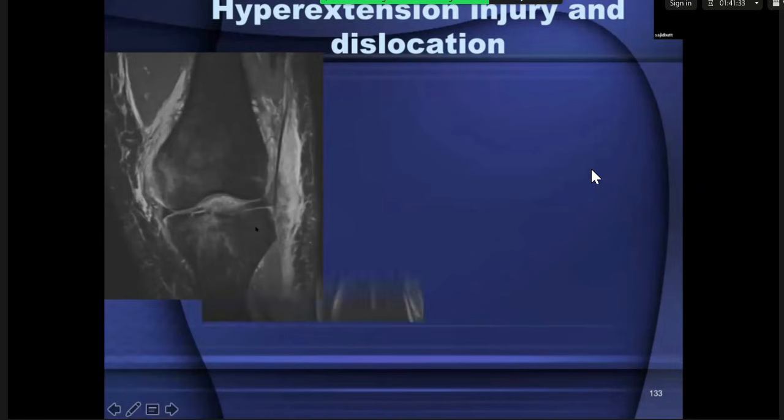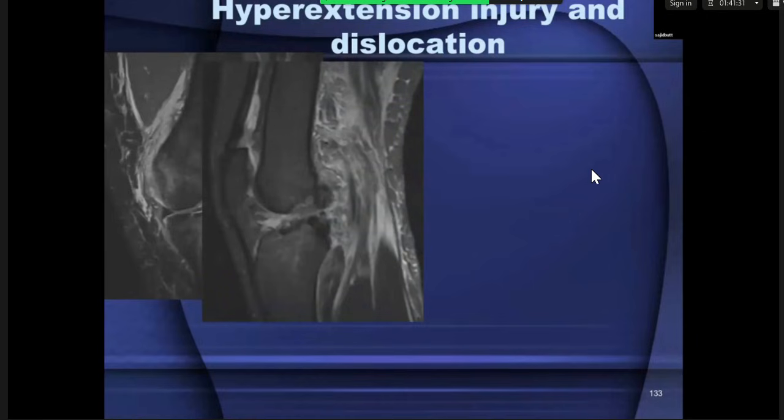I would be surprised if any ligaments in this patient are intact, and there we go, anterior cruciate ligament is ruptured, huge soft tissue injury present at the posterior margins. You can imagine that the knee joint capsule is definitely gone here. You've got traumatic effusion present within the knee joint. You've got extensive bone bruising.